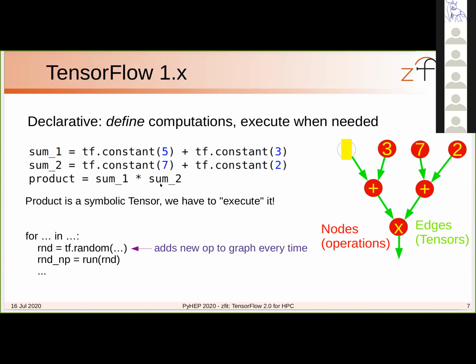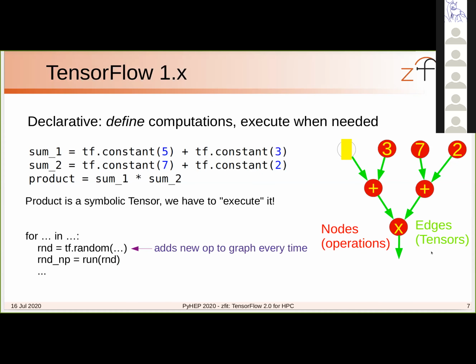So before we start with the more fun part, where I'm going to show you in the notebook some things about TensorFlow 2.0, we'll first just remind everyone who knows TensorFlow 1 what a pain it was. Back then you had to really define a graph.